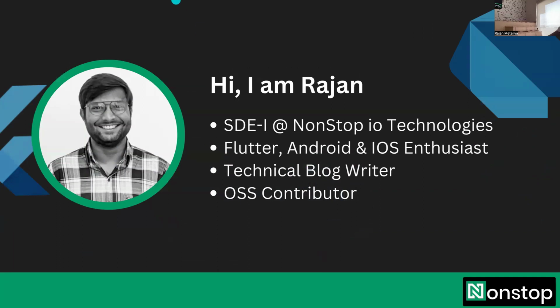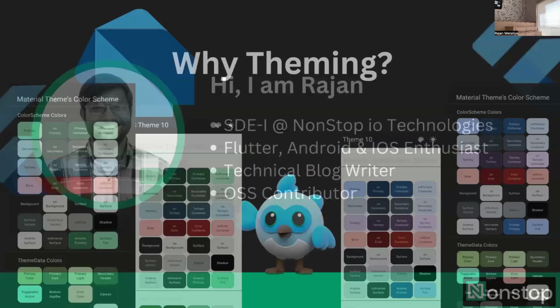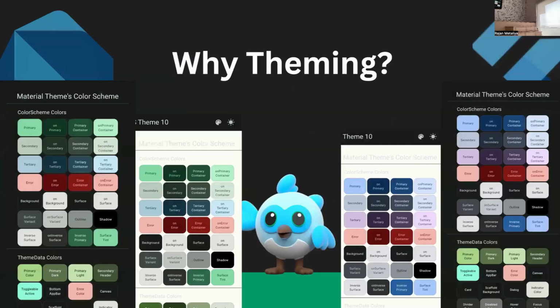So let's start with why. What is the need of this? Whenever we create any application, we want to separate the part of user experience, like the design, from the main logical component.